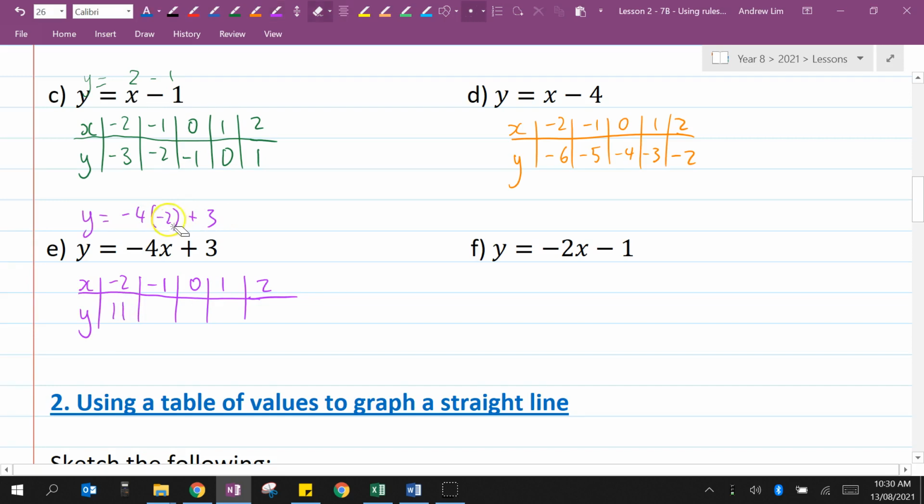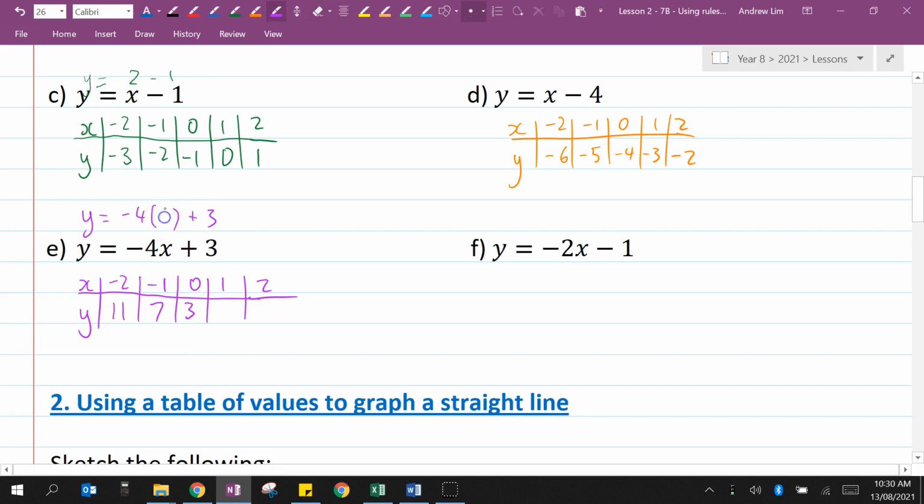What if x was minus 1? If we were to replace that with minus 1 instead, we've got minus 4 times minus 1, that's positive 4. And 4 plus 3 is 7. What if we were to replace x with 0? Minus 4 times 0 is 0, plus 3 is 3.